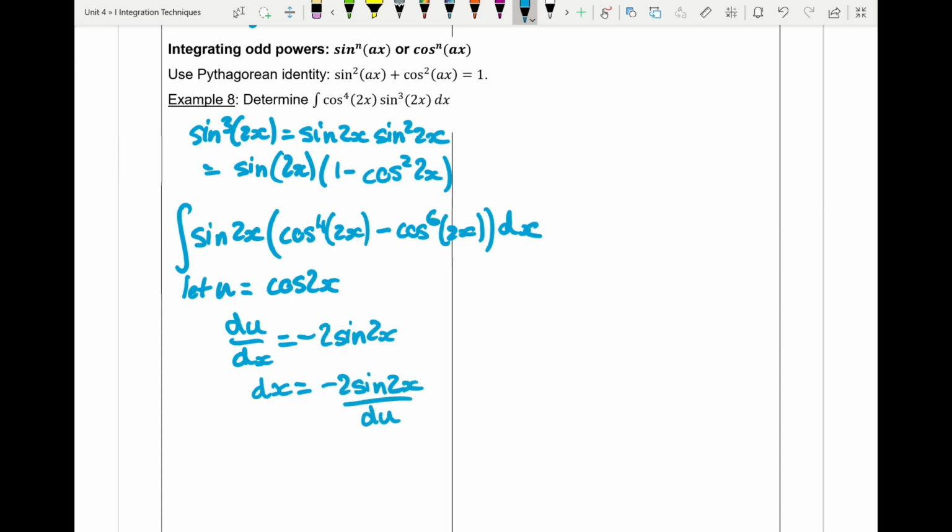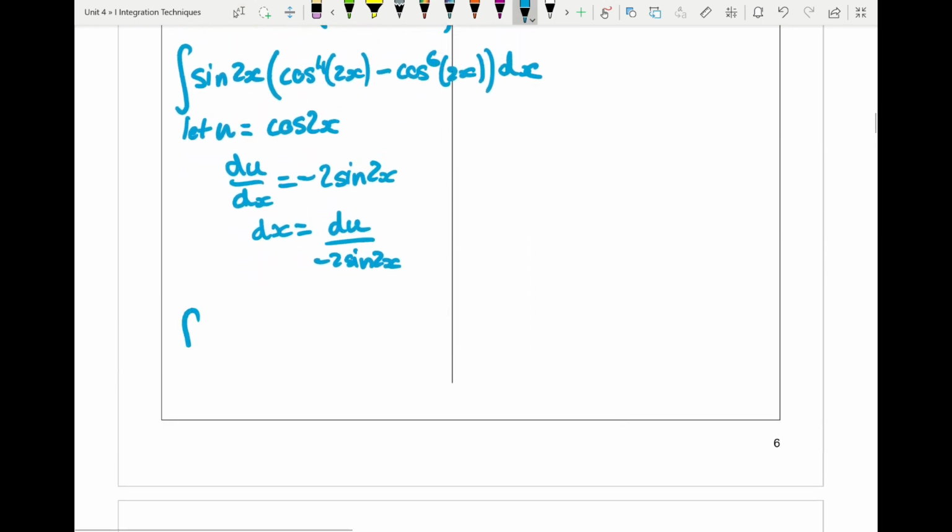Sorry, these should be flipped. So let's just place them, du on negative 2 sine of 2x. So now substituting in, we get the integral of sine of 2x times u to the 4, take u to the 6, du on negative 2 sine of 2x.